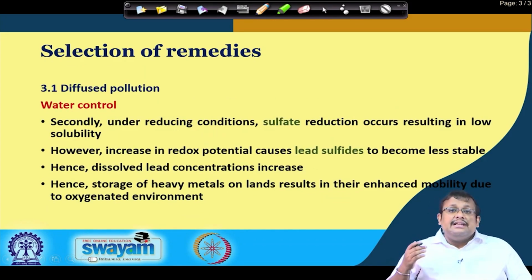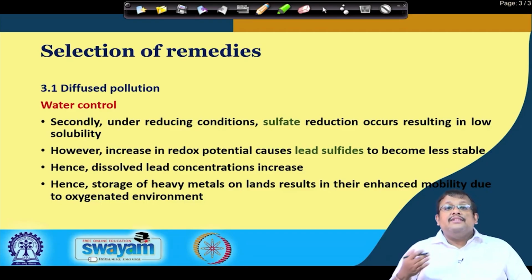Secondly, under reducing condition, sulphate reduction occurs, resulting in low solubility. So, sulphate is there in the soil, and sulphate is reduced under reducing condition. However, an increase in redox potential causes lead sulphide to become less stable. Hence, the dissolved concentration basically increases when we increase the redox potential.